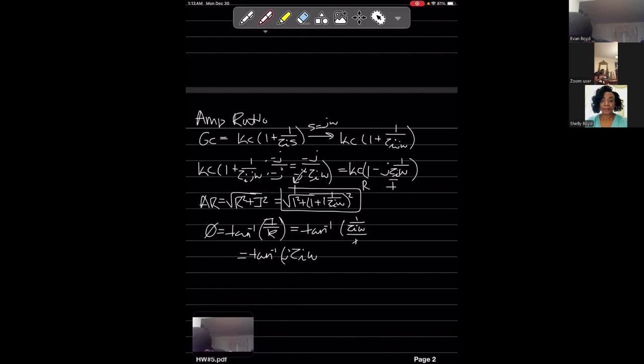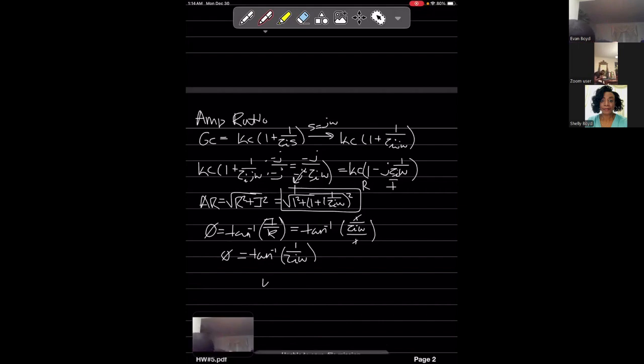That just cancels out, and we will end up with it still being 1 over tau I omega. Okay, so this is our phase and our magnitude ratio for the phase lag and magnitude ratio for the proportional integral controller.